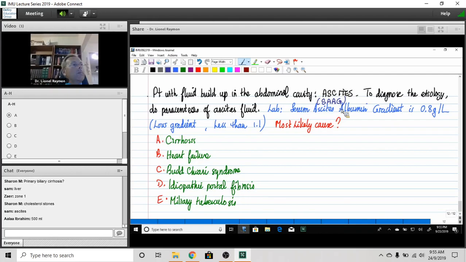Where do you normally find albumin? In the serum or in ascites?